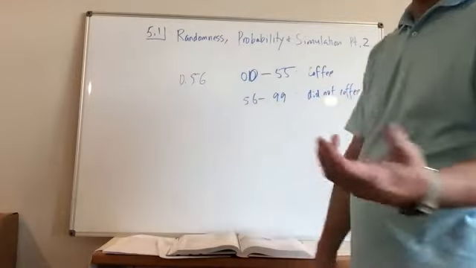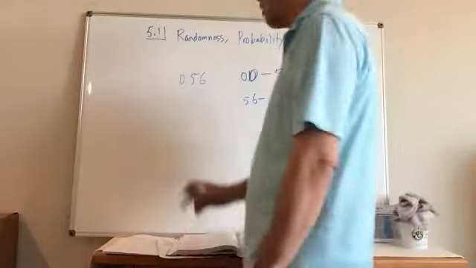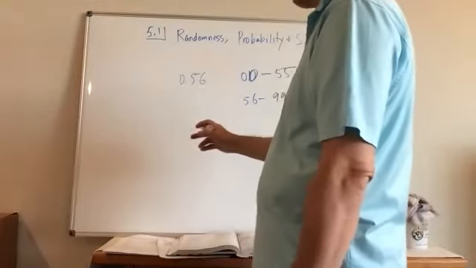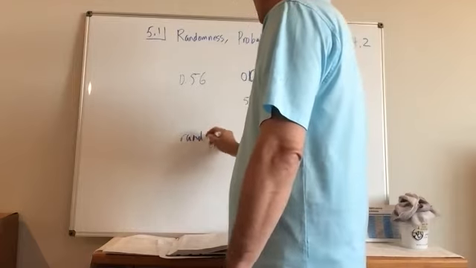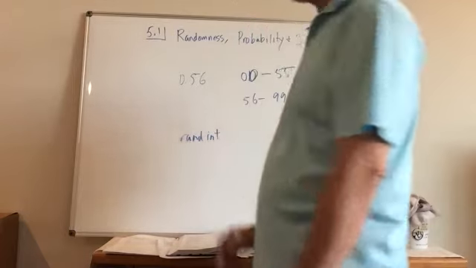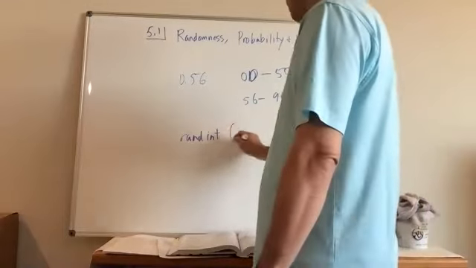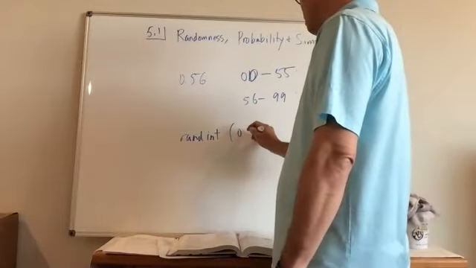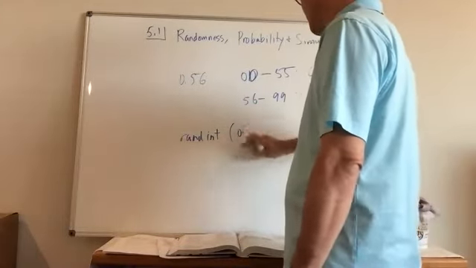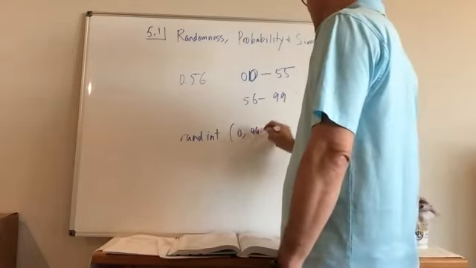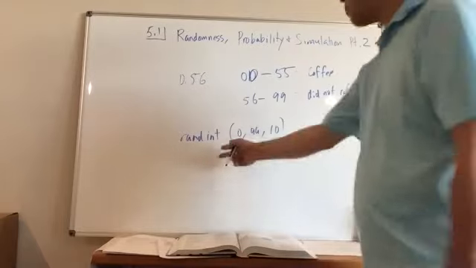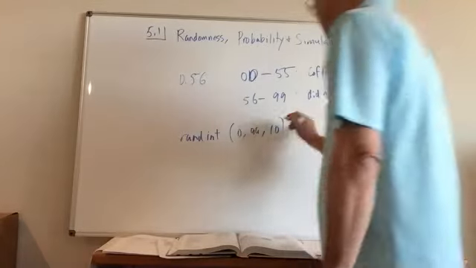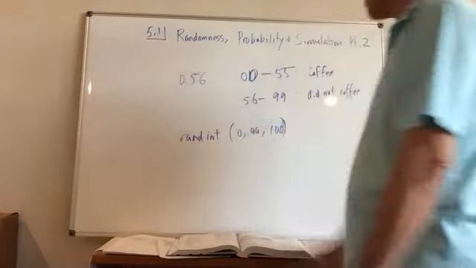And then I would go ahead and use a random integer generator from your calculator, right? I would go from 0 to 99, and we're going to do 100 people, so it's going to spit out 100 numbers.